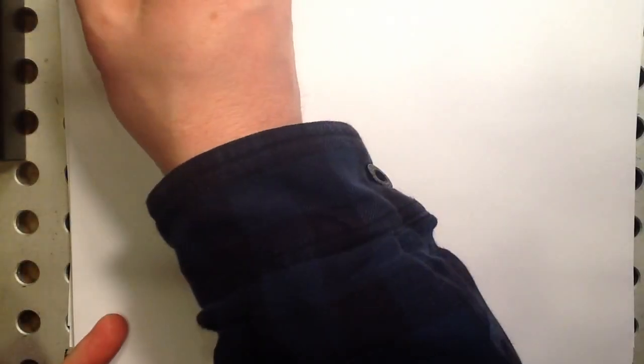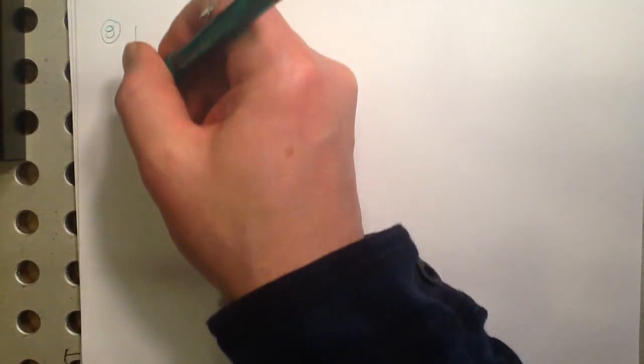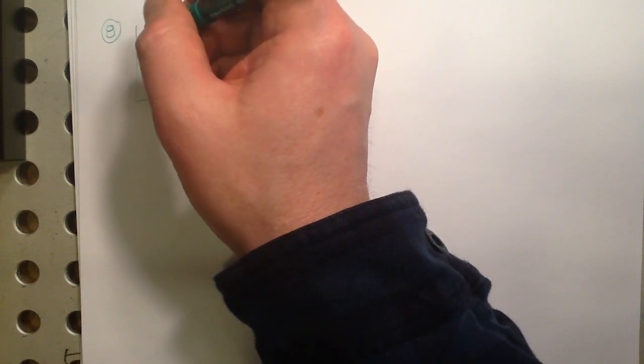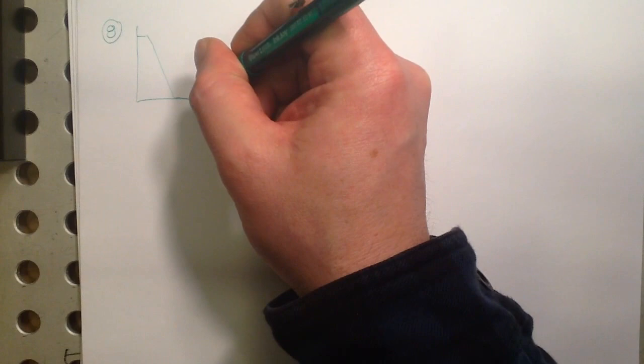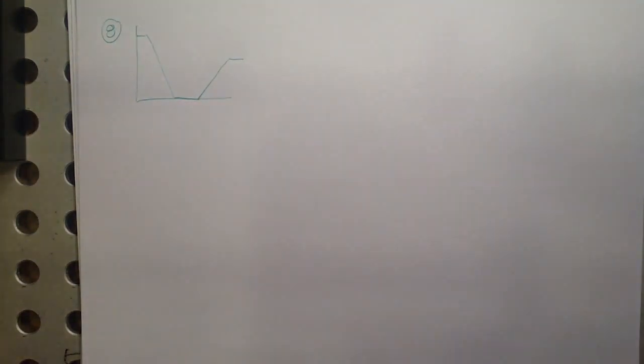Number 8. What do we have? We have a potential energy graph that looks kind of like this. I'm not going to do the whole scale. This is potential energy versus displacement.